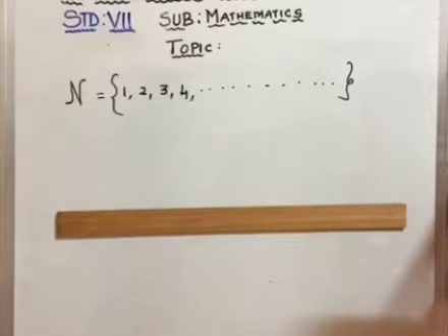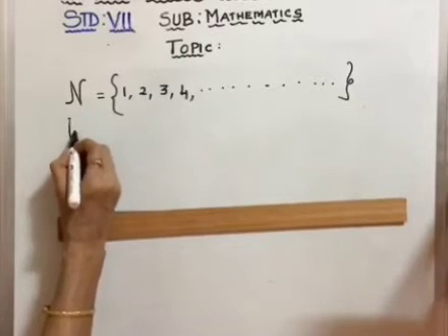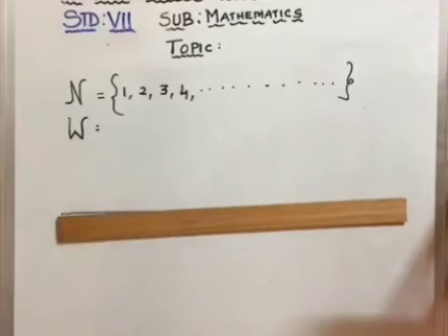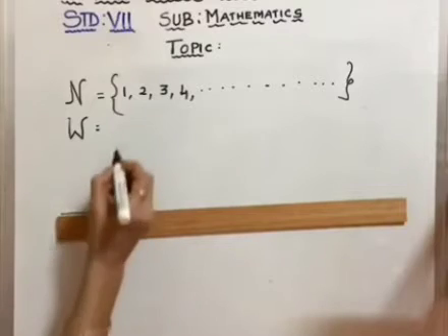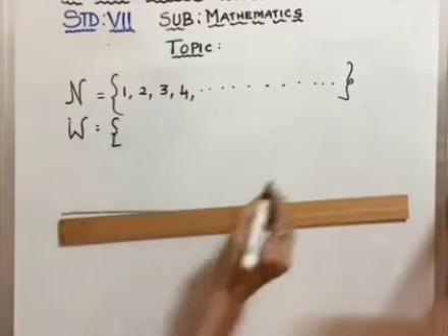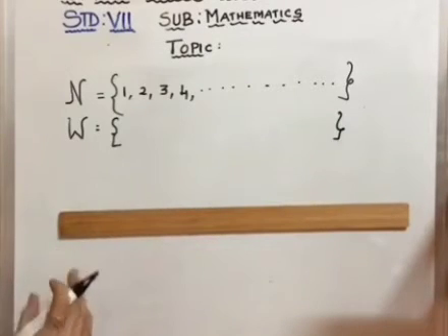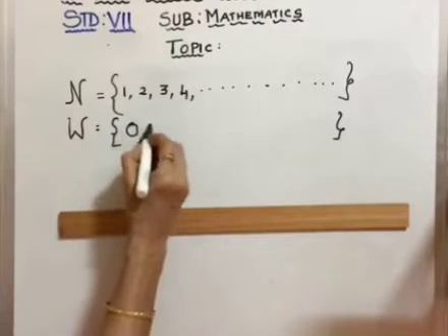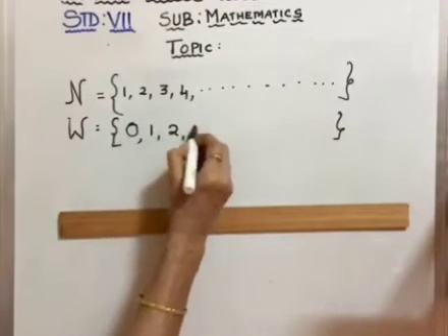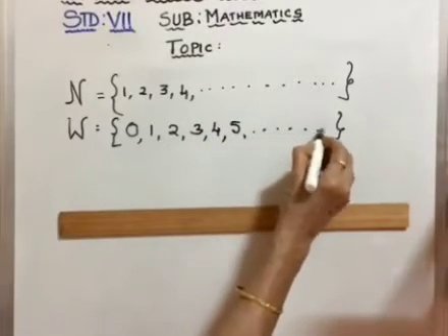Now, a step further, we also learned the set of whole numbers, represented by the capital letter W. Can you tell me which is the smallest whole number? 0, 1, 2, 3, 4, 5 and so on.